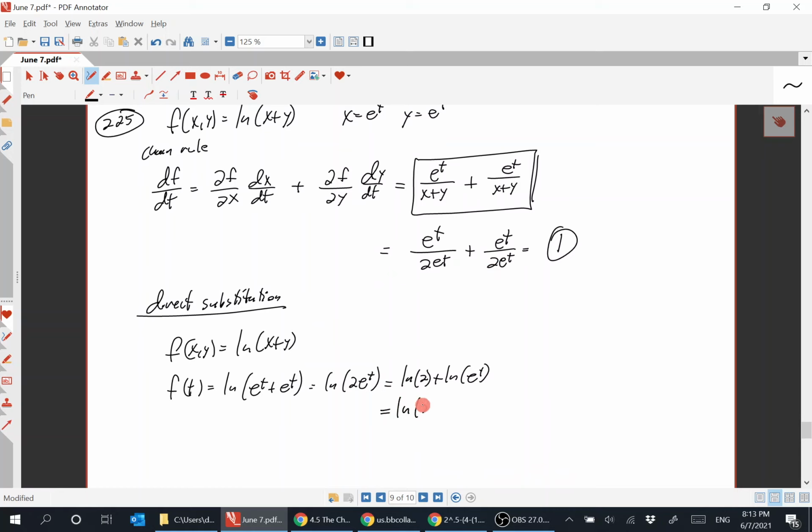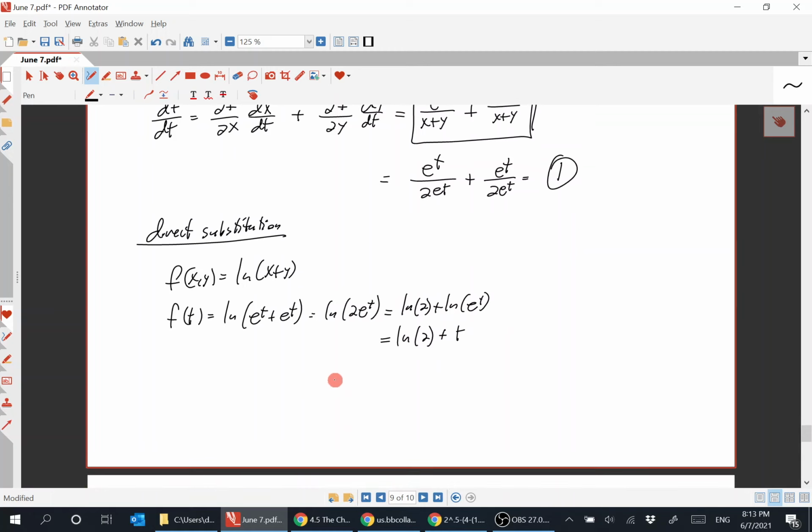So that is natural log of 2 plus t. Right, so f prime of t, df dt, well, what is it? The derivative of natural log 2 is 0, plus the derivative of t is just 1. So 1, same answer. So, using the chain rule and then using direct substitution.